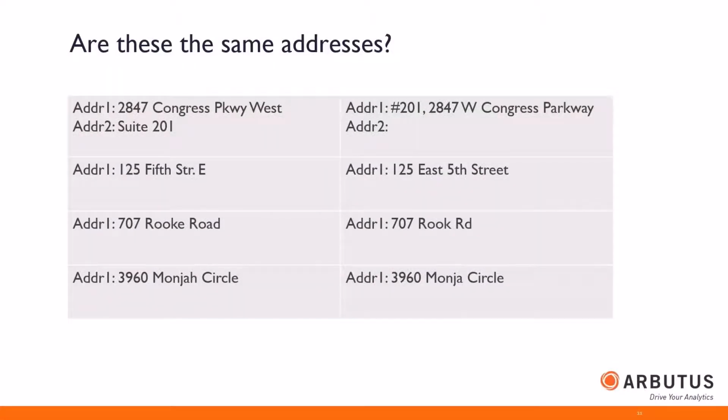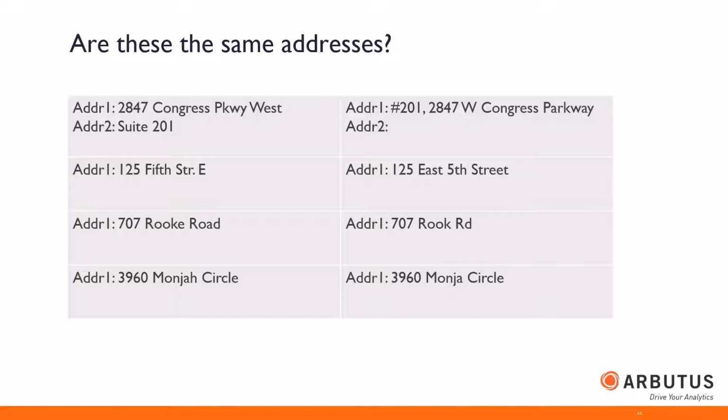So when you're looking at fuzzy duplicates, you may have this sort of situation. Let's look at the top row. One database has the address on the left, let's say it's the vendors. The other database on the right could be from the OFAC database. Are these the same addresses? Well, it's very possible that they are exactly the same physical location, but you can see that they're not entered exactly the same way.